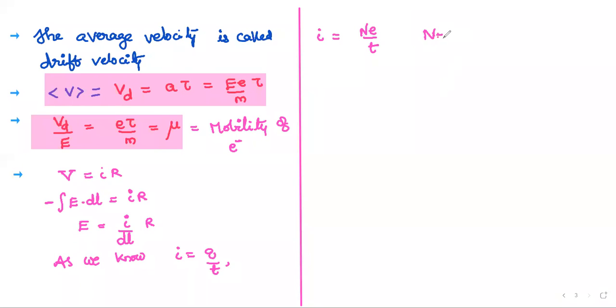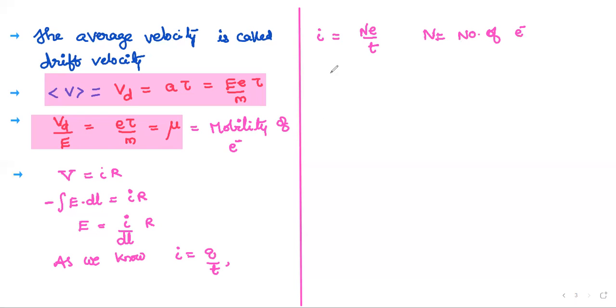Finding the number of electrons in a conductor is not so easy. Why? Because depending upon the dimensions, if I take more length, more electrons will be there. If I take more area of cross section, again more electrons will be there. Means if I take more volume, the number of electrons will be more.